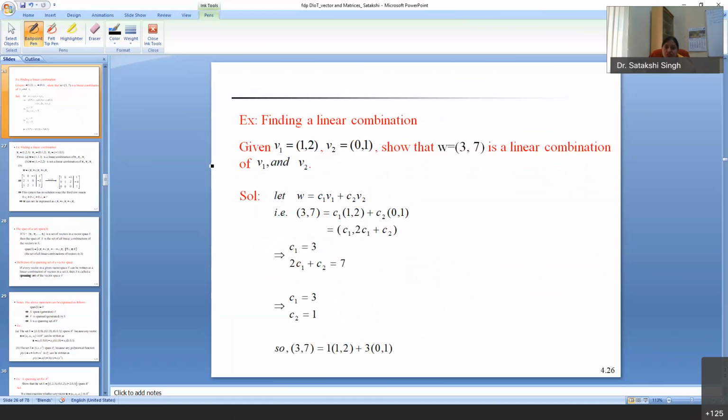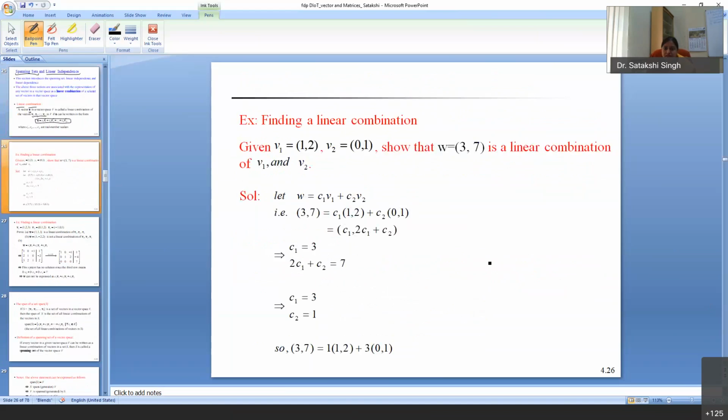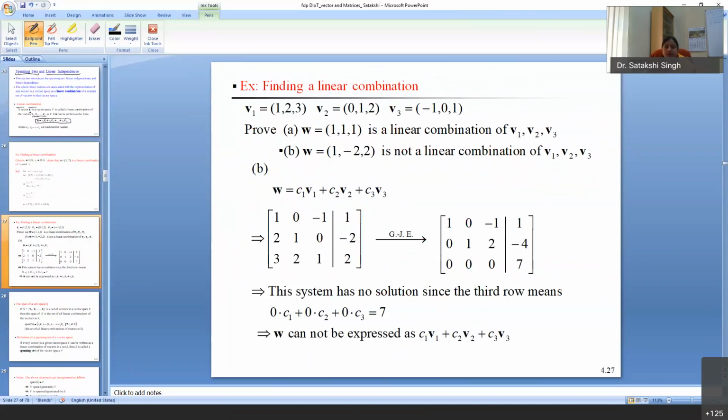Finding the linear combination, this one example we have already done. If you need some more examples, this example is given here. You can go through it or you can try it yourself and then check whether you are doing it correctly or not. Again, we have the same linear combination here.